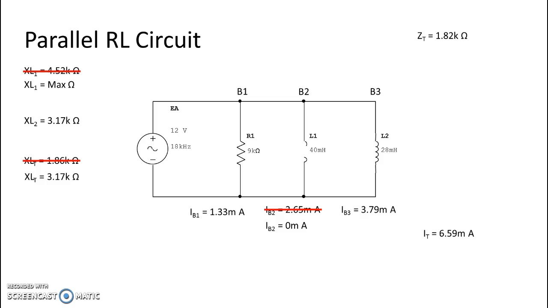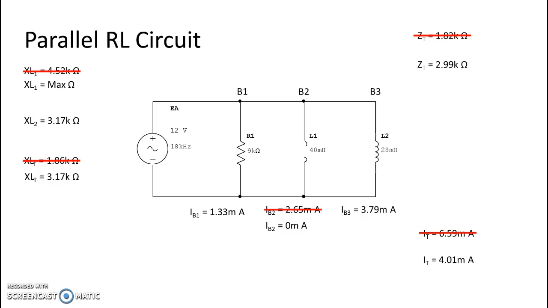When you take branch 2 out, you get a larger total ohmic value, and that is going to reflect in your impedance. So now instead of 1.82K, we have 2.99K, which is smaller than the smallest of the two values, but it's still larger than it was originally. All right, with that larger ohmic value, we are expecting current to do the opposite and go down. So it was 6.59 milliamps, and now it is 4.01 milliamps.